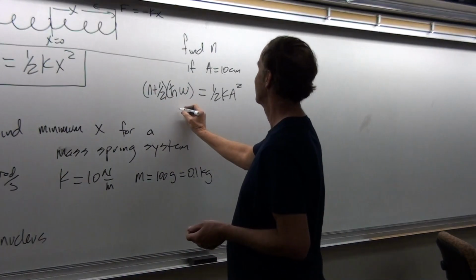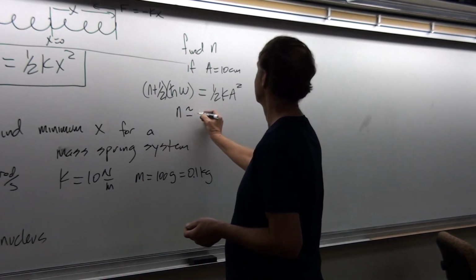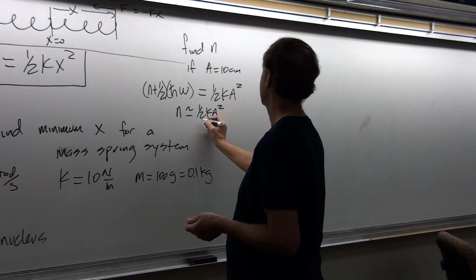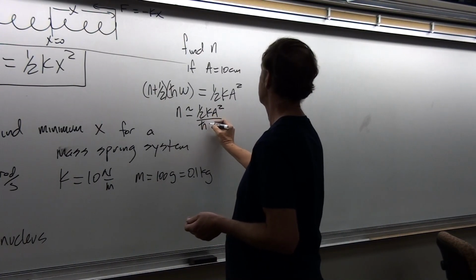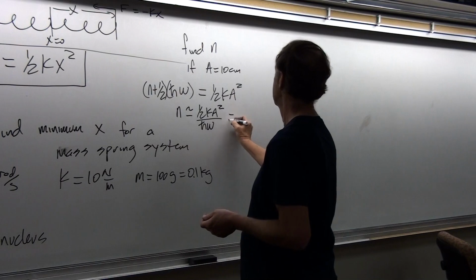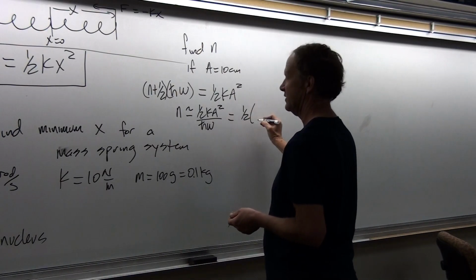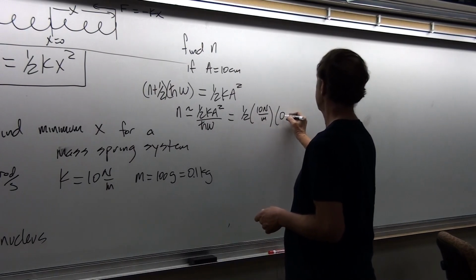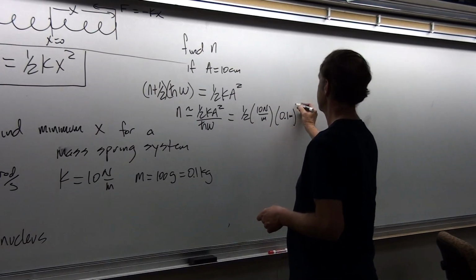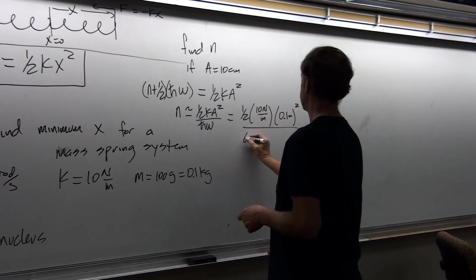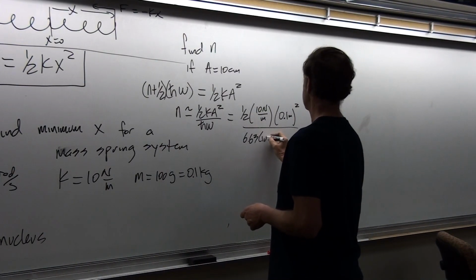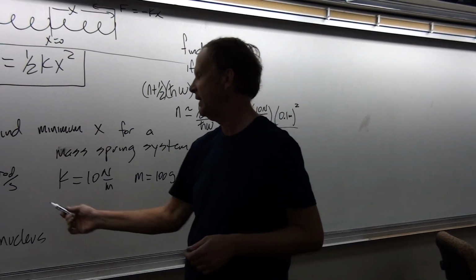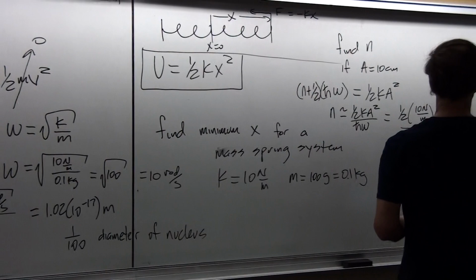And so this gives us then n is approximately equal to 1/2 ka squared divided by h bar omega. So that would be 1/2 times k, 10 newtons per meter, times A squared, that's 0.1 meter squared, divided by 6.63 times 10 to the minus 34 joule seconds, times omega, that was 10, we got from before, radians per second.